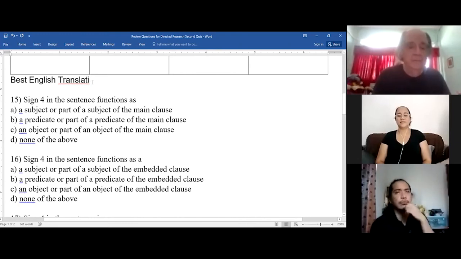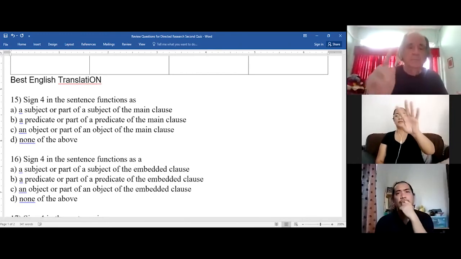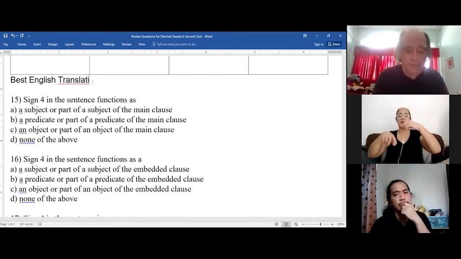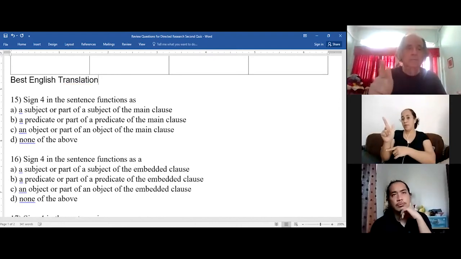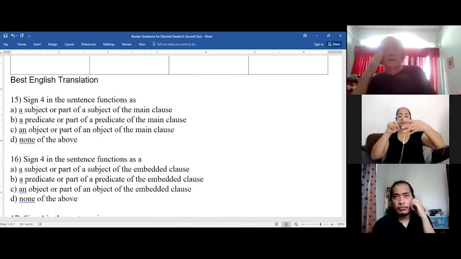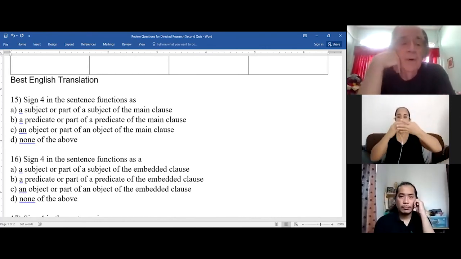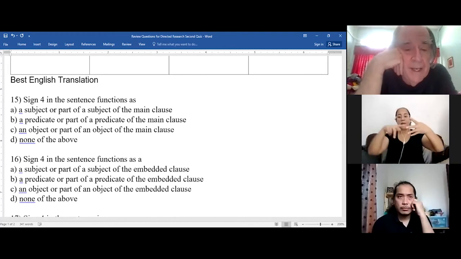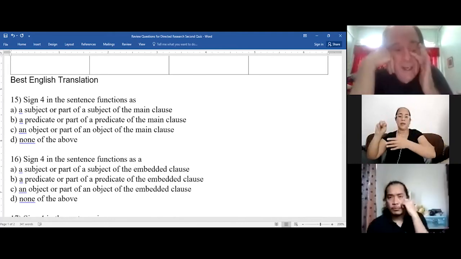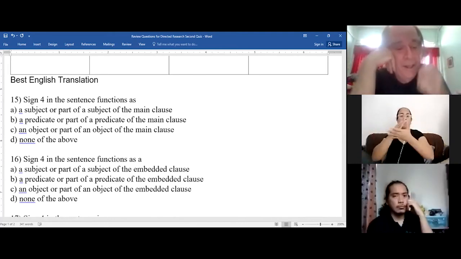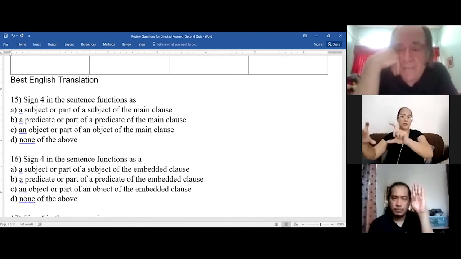Number 15, sign number 4, 20 is A, a subject or part of a subject in the main clause. B, a predicate or part of the predicate in the main clause. C, an object or part of the object in the main clause. D, none of the above.